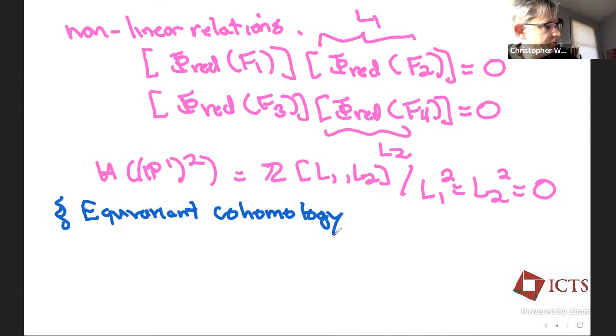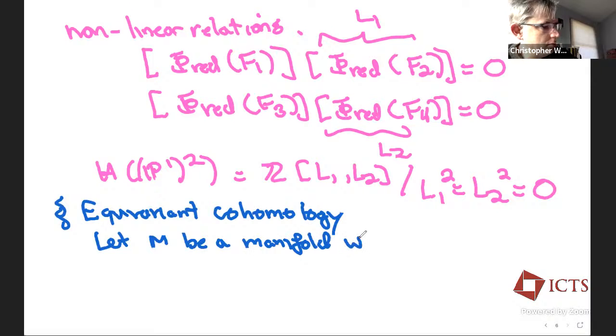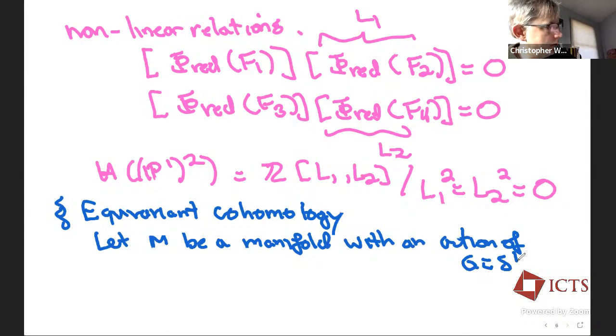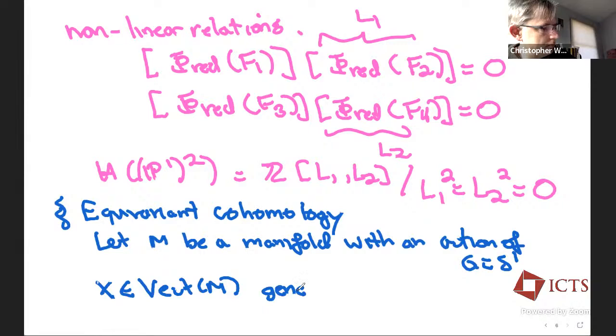I'm going to first talk about this in the de Rham model. So let M be a manifold with an action of just the circle group, and then this has some generating vector field X for the action.